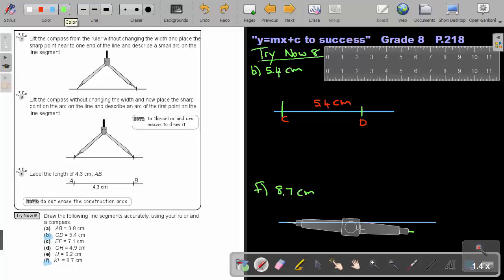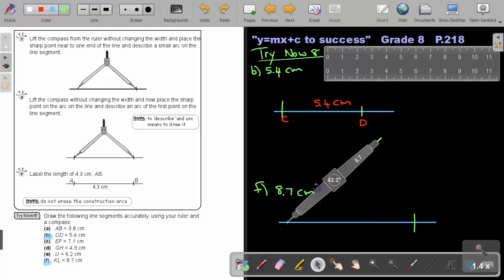Okay. So I'm going to mark this position. So let's just get the compass. So remember, I'm just marking. And then remember what I did? I was turning this one all around, to the other side. And then I put the needle at that position. Exactly there.